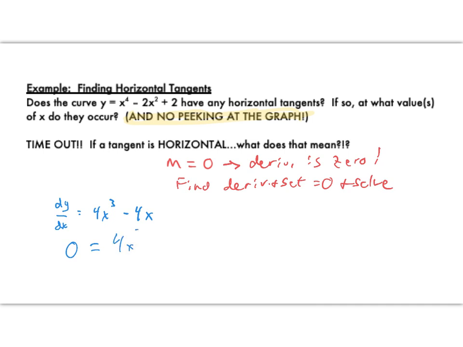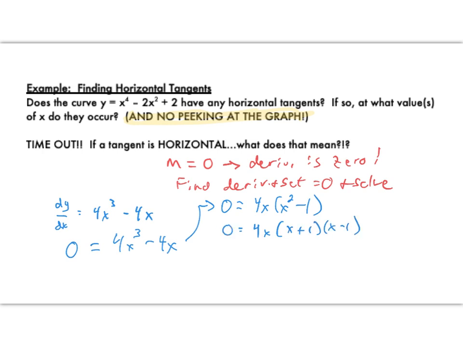And I think we should probably factor this, because even though it's a cubic, I think it'll drop pretty quick if we use algebra to solve this instead of trying to rely on other sources. So we're going to factor out a 4x, and that's going to leave x squared minus 1. And then, of course, that factors further into x plus 1 and x minus 1.